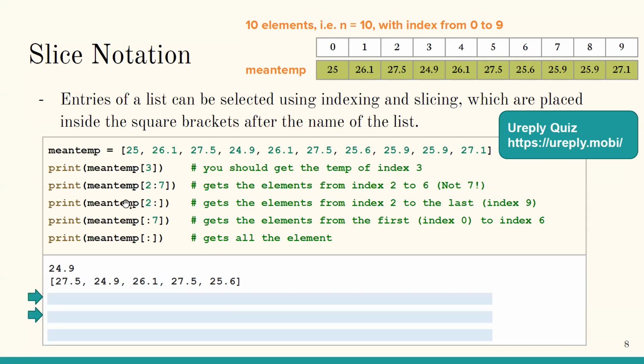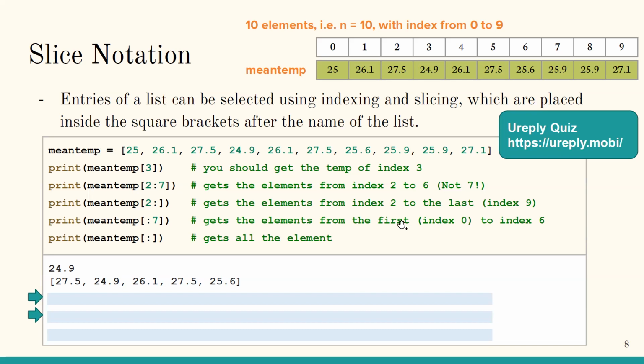So the third one here, 2 colon and then nothing. What does it mean? It means it gets the elements from index 2 all the way to the last one. Okay, it's pretty easy. If you don't indicate that, it means it goes all the way in that direction. Okay, and nothing here, and then colon, and then 7.